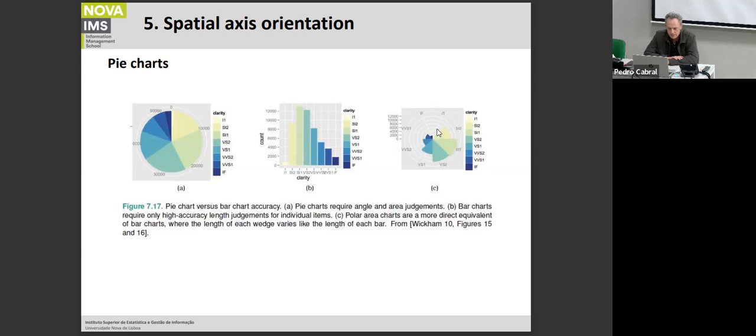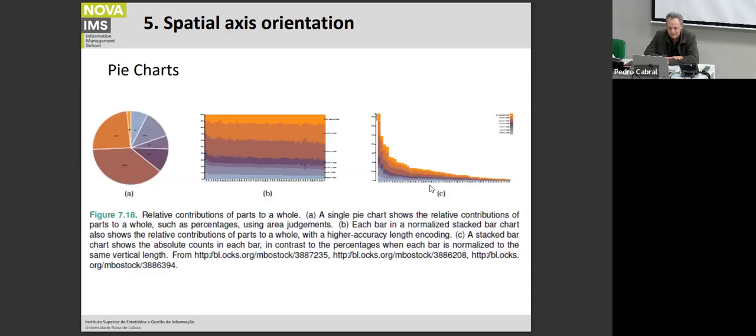But if you go to the polar chart, this is even worse because it's not just the angle, but it's also the size of each slice. So we have even more difficulty comparing the real sizes of each slice against all the others. Okay, so here the best option is clearly the bar chart. Okay, then the pie chart, and only then the polar chart. Okay.